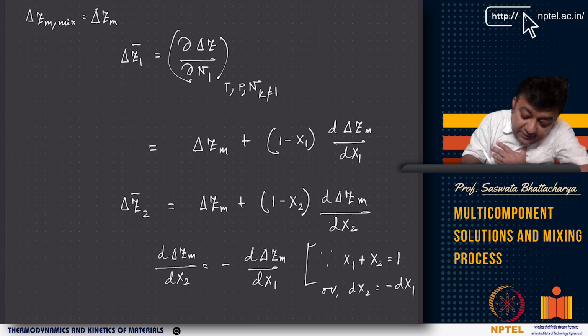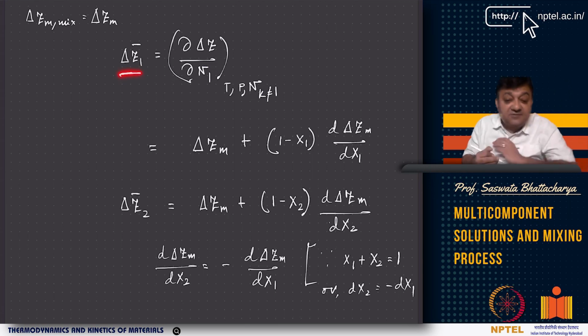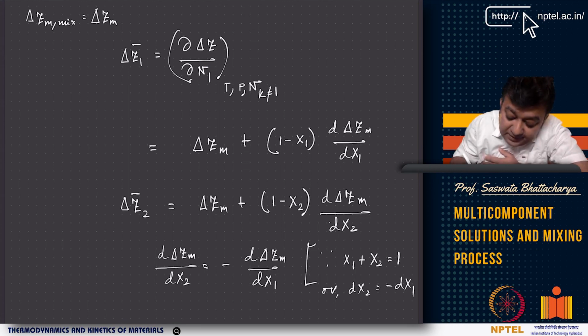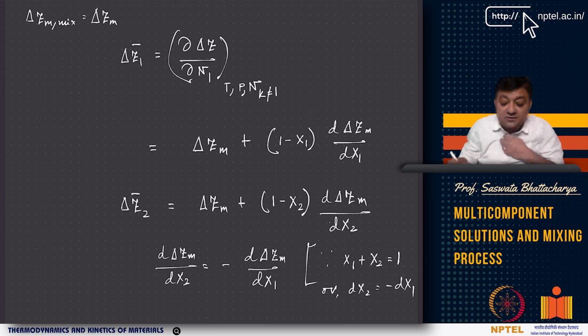Now, what about delta Z1 bar? The delta Z1 bar is the relative partial molar property of component 1, which is again d delta Z dn1, keeping T, P and Nk constant, with k not equal to 1.